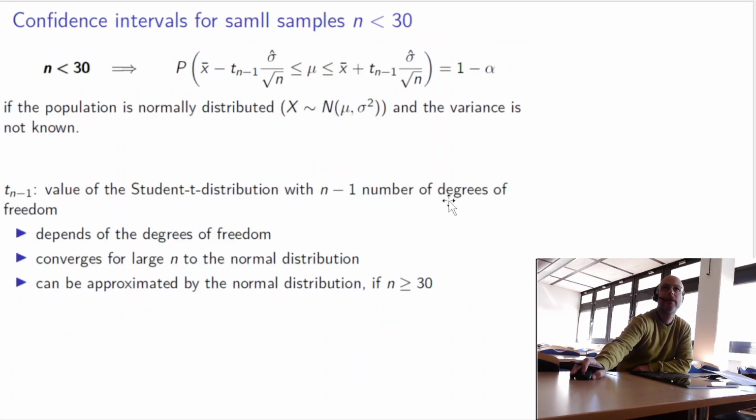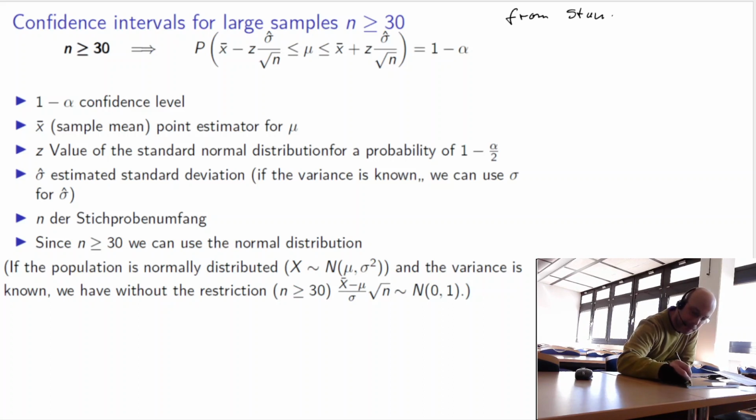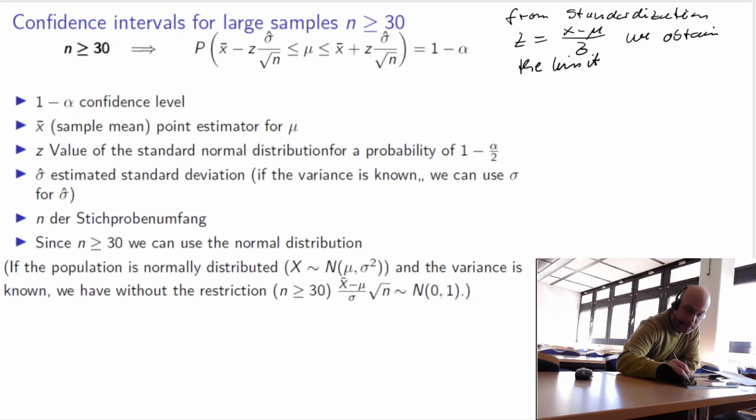Well, and so if we want to calculate our confidence intervals, we can from the standardization, remember z equals x minus mu over sigma, obtain the limits of the confidence intervals.